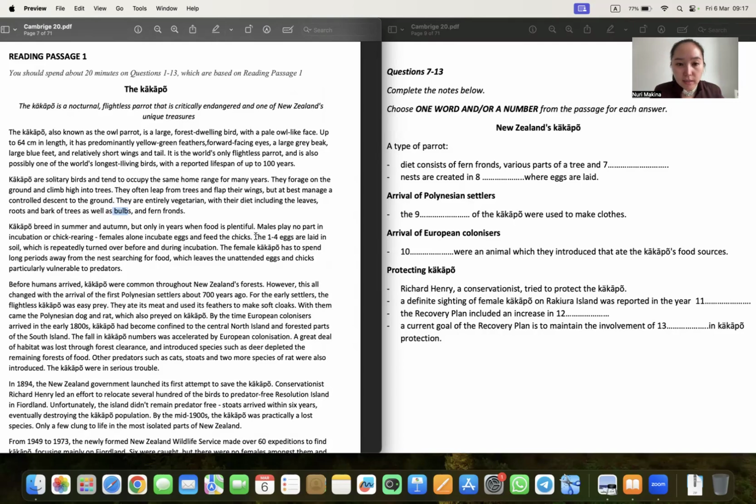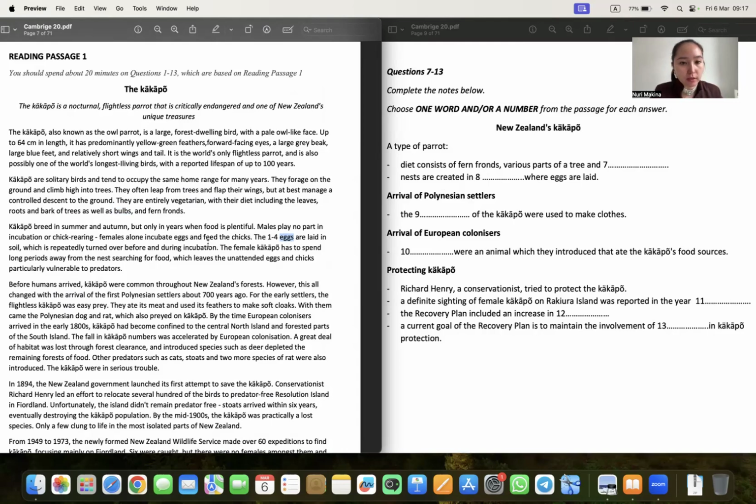We already see eggs here. The eggs are laid in soil, which is repeatedly turned over before or during incubation. So nests are created, let's find the word nests here, turned over during incubation.